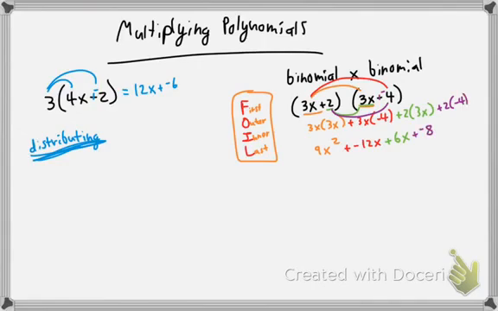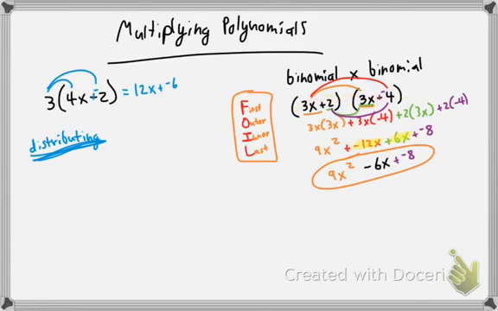So, given this, some of you are probably thinking, hey, can we combine those two x's together? Absolutely, let's do it. So a negative 12x and a positive 6x combine to a negative 6x. And I still got that plus negative 8 at the end. And I still have that 9x squared in the front, okay? So this would be a good answer for what the two starting binomials multiply into, okay?